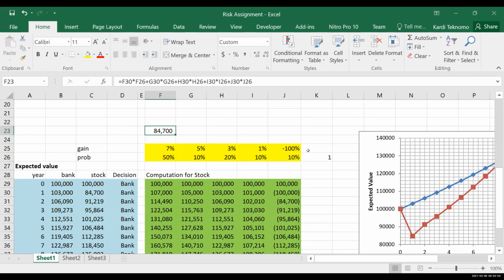There, I get 84,700. Of course, this is the formula of sum product.